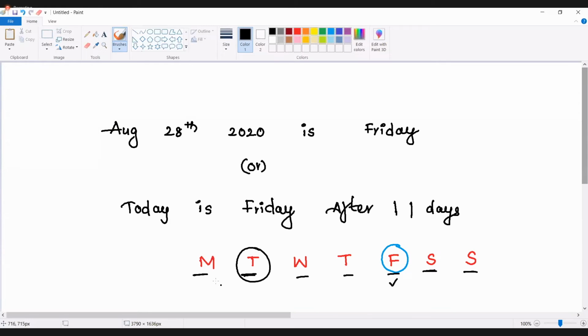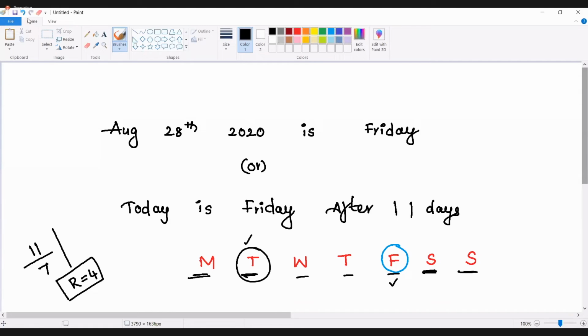But doing it like this takes time. So instead of moving 11 times, you take 11, divide by 7, and observe the odd days. That is what the odd days concept is. When we divide by 7, we are left with a remainder of 4. That means we have 4 odd days. You just move forward by 4 days: 1, 2, 3, 4, and mark your answer as Tuesday. Both give us the same answer choice.